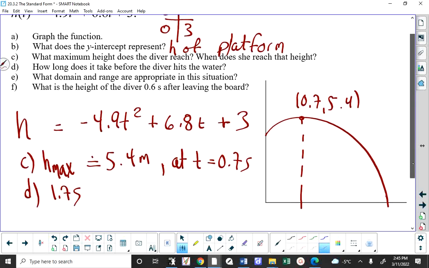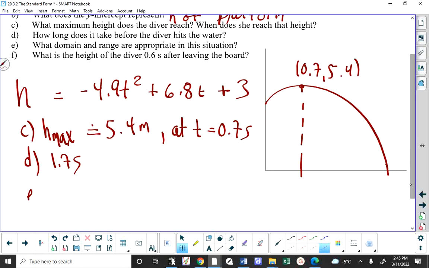What are the domain and range? The domain is not any real number. The domain is 0 seconds to 1.73 seconds. It's only the time that that graph describes her motion. The range is not h is less than 5.4 because there's a minimum.